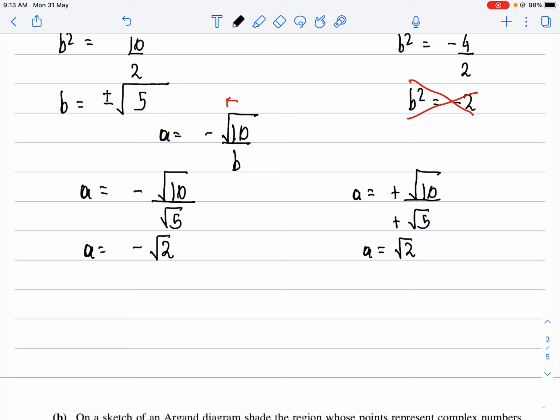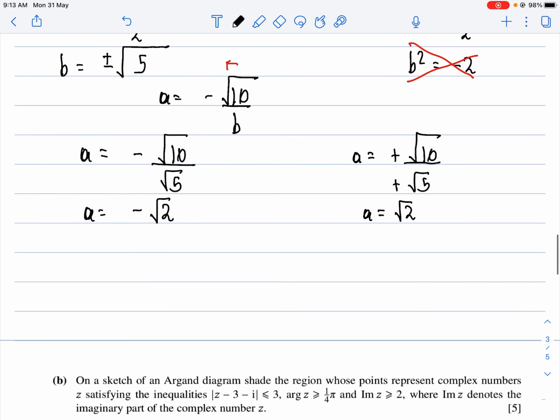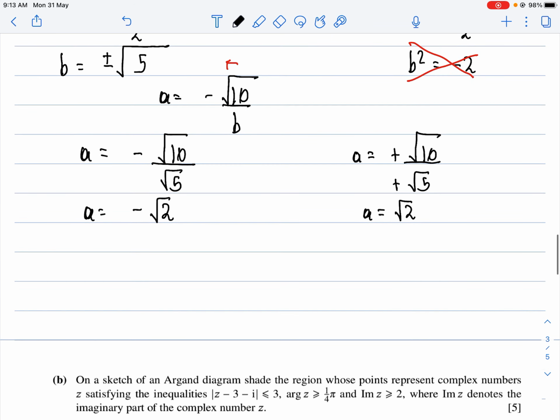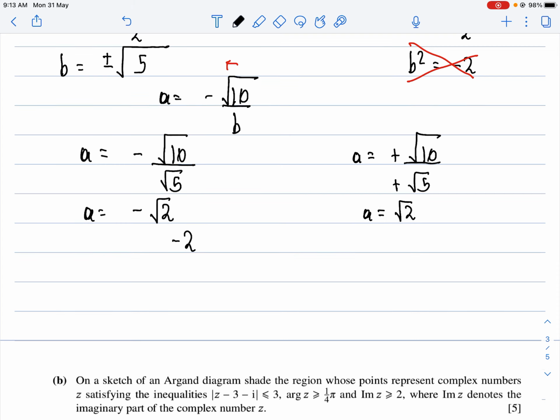So I can say in the a plus ib form, I have two equations with me. My first equation I can simply say is minus root 2 plus root 5i, and the second equation I can state is simply root 2 minus root 5i.